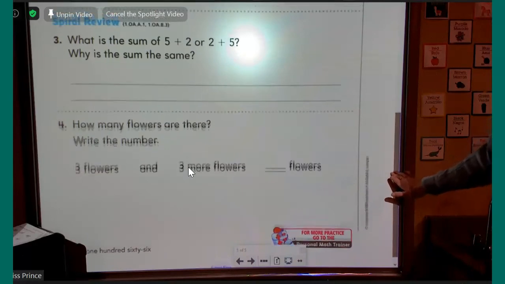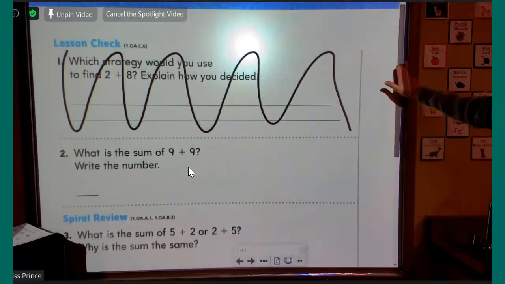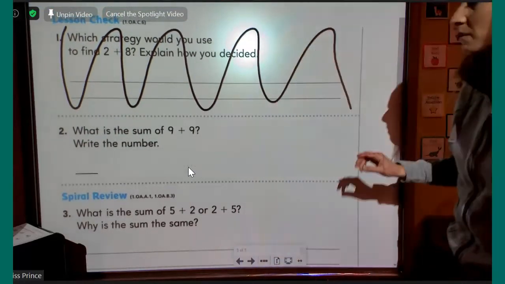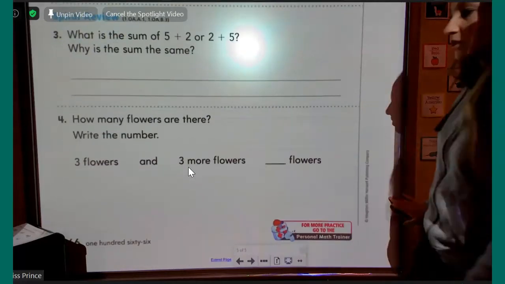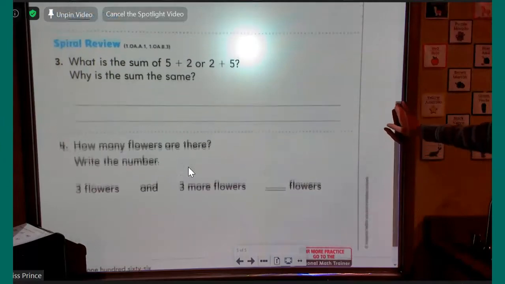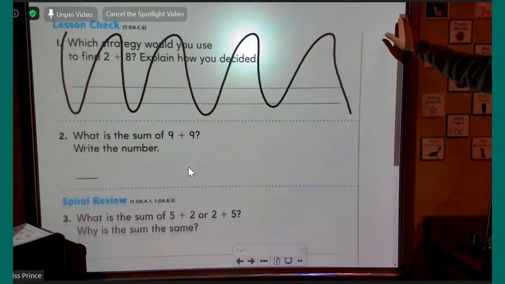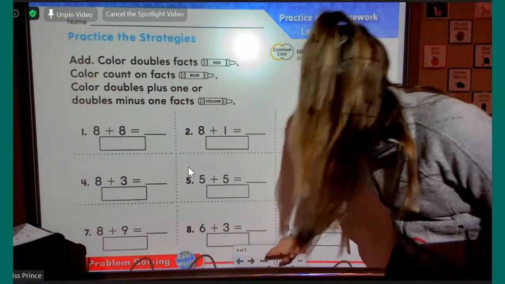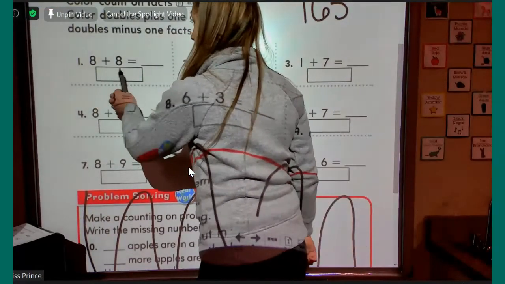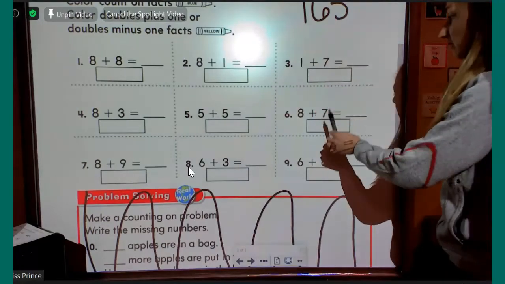So the rest of these, boys and girls, if they're not crossed out, you need to do them for your points for when you turn this assignment in. So on this last page, you have problem 4 and problem 3 and problem 2. The page right before it, you have a couple of these problems here.